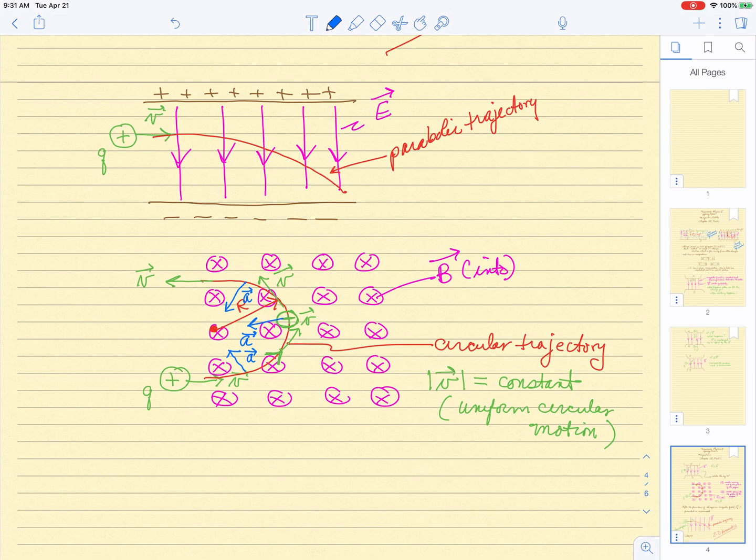So A is radial, because it's along a radius toward the center of the circle, or centripetal acceleration. That implies a force, that implies a force also directed toward the center of the circle.